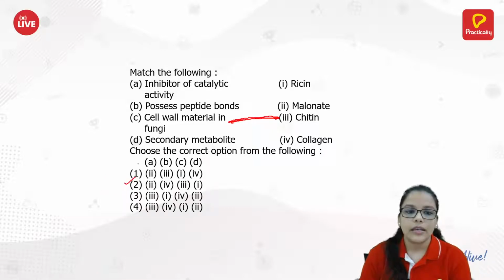Let's see. A2. Inhibitor of catalytic activity, that is malonate. You can see it in respiration and all those cycles. Possesses peptide bonds, collagen, of course, one of the biggest compounds. And finally, secondary metabolite is ricin. Okay, so the answer is 2.